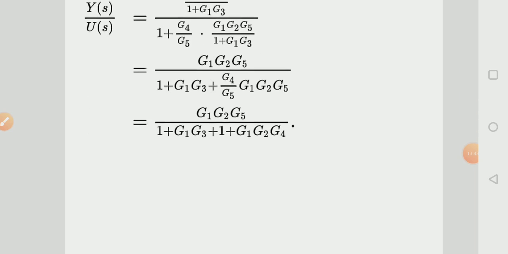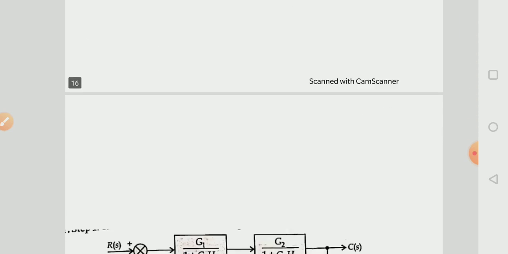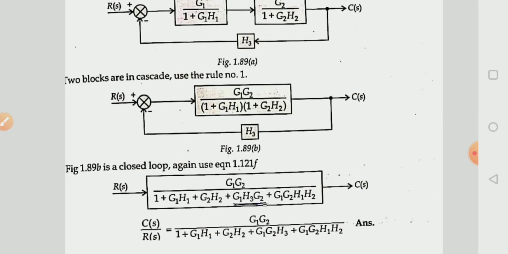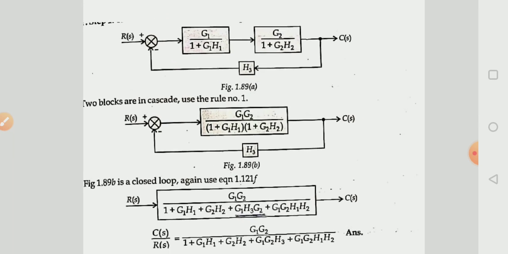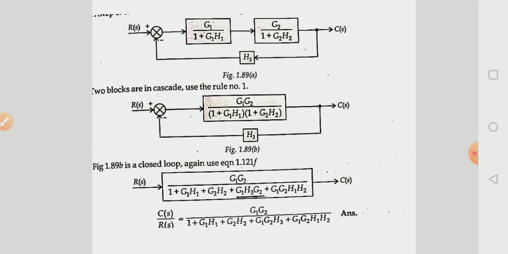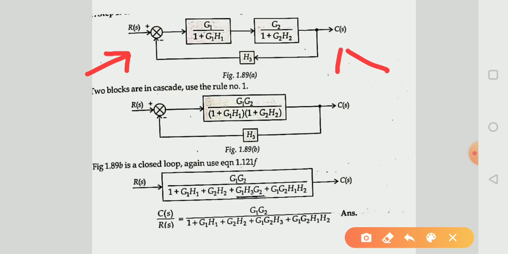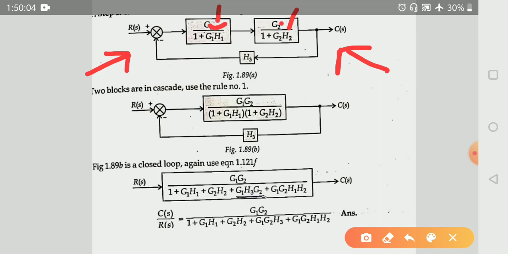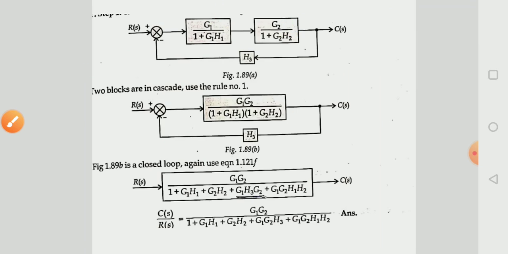Hope you understood this topic better. Now the second example is, here we can see that this is input for the block and this is output for the block, and here two blocks are there.